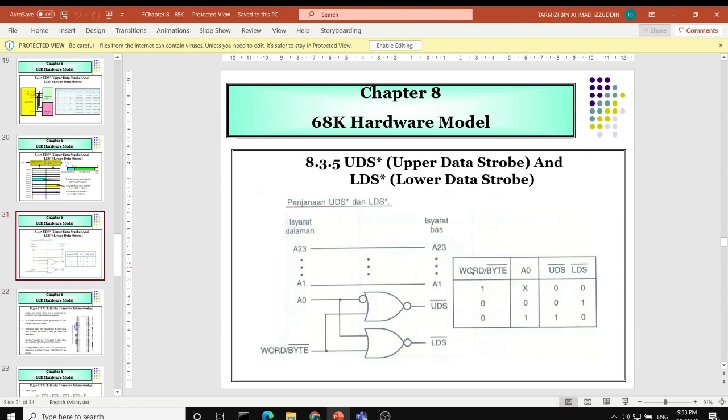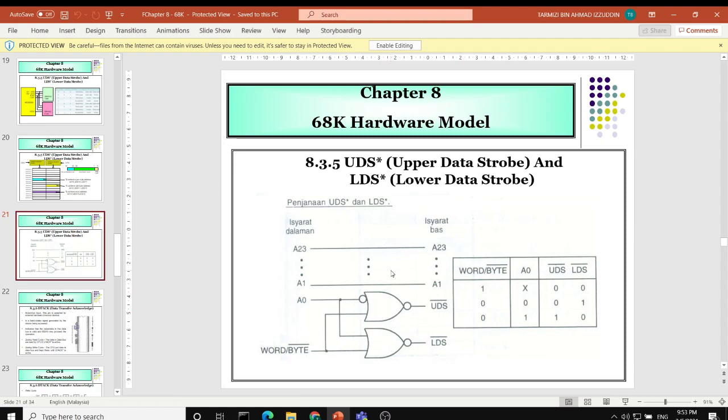So how are the UDS and LDS generated? Basically, it's very simple. It consists of two, if I'm not mistaken, NOR gates.